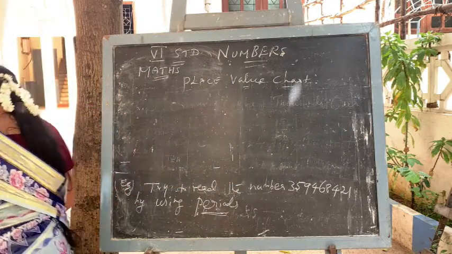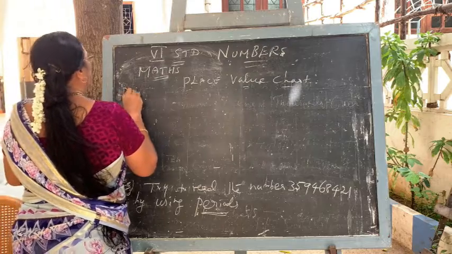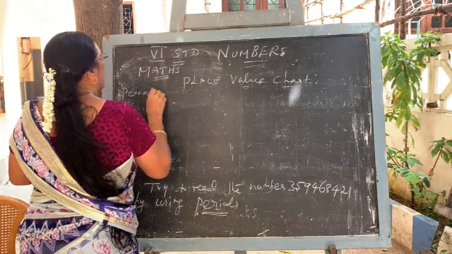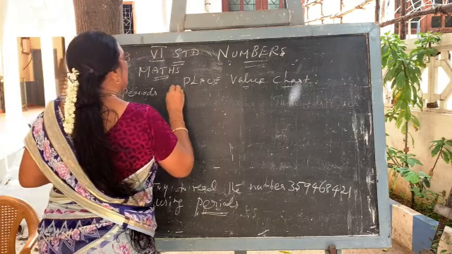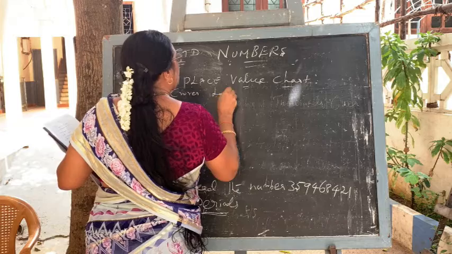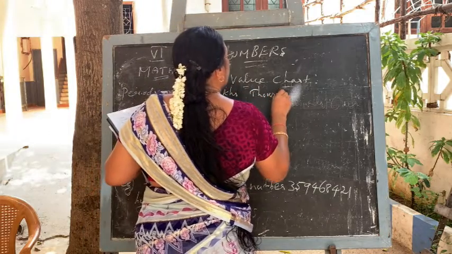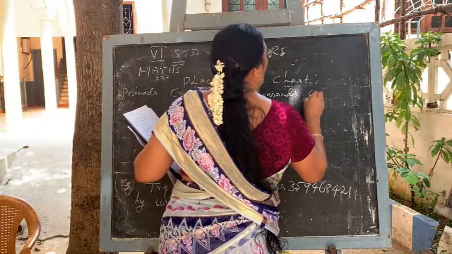First of all, you have to write the periods. What are the periods? Crores, lakhs, thousands, ones.